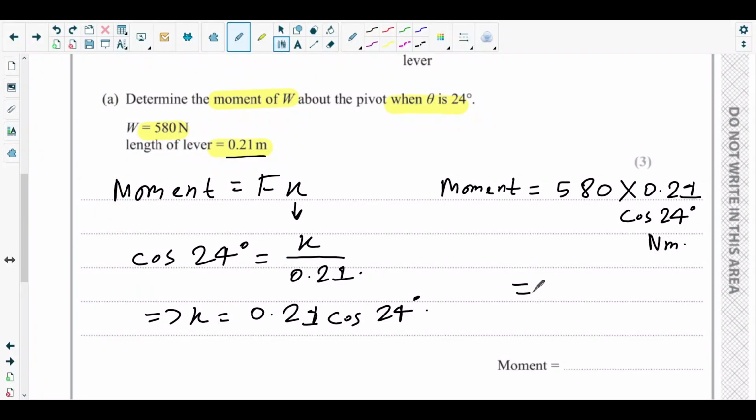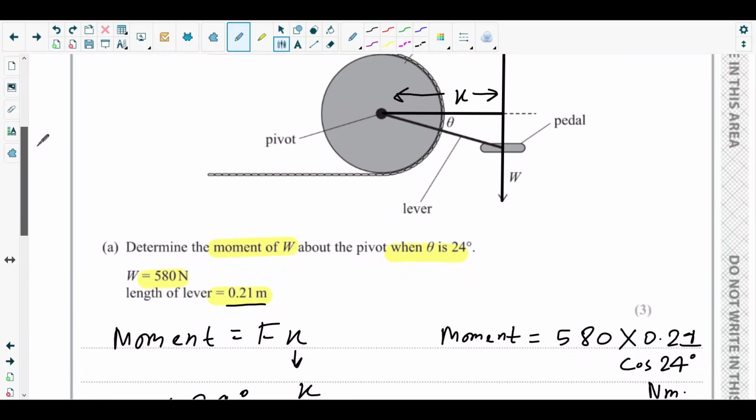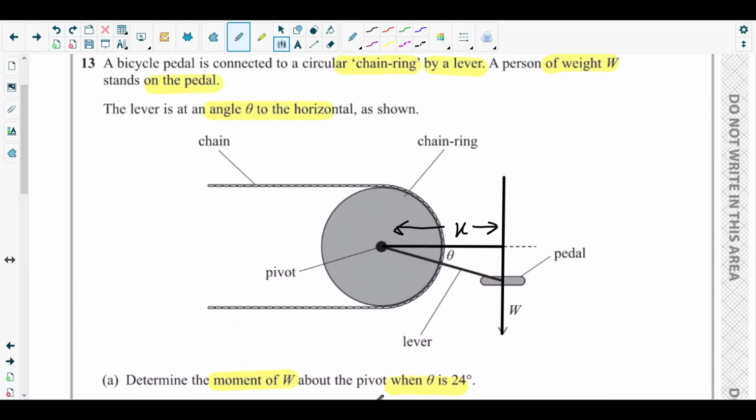So that gives 111.269 Newton meter. Fine. So we can write it to three significant figures as 111 Newton meter. That's it. That's what part A of question number 13 has asked for.